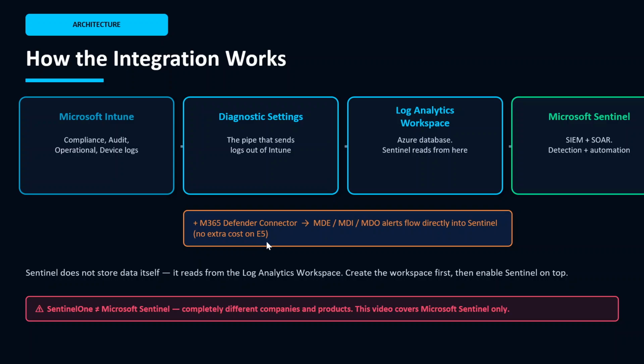So you can enable all these auditing, so that all these alerts come directly to Sentinel. Sentinel does not store data itself. It reads from the Log Analytics workspace. Create the workspace first, then enable Sentinel on top. So Sentinel will not store any data, but it will read all the logs or events that are in the Log Analytics workspace.